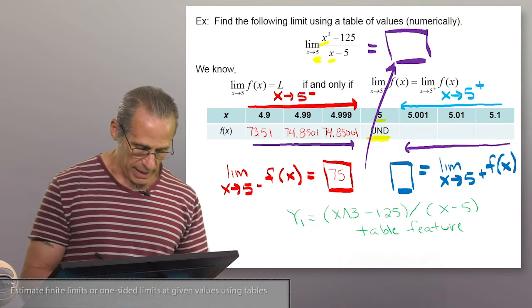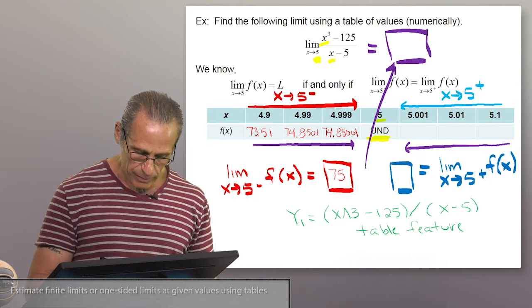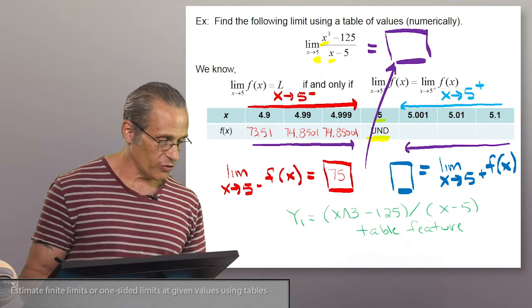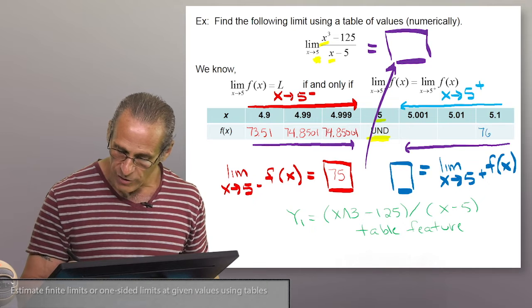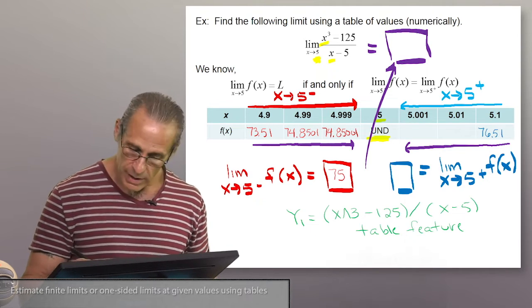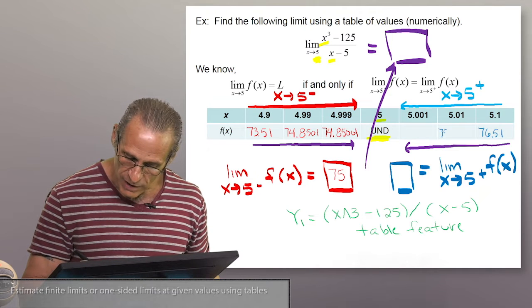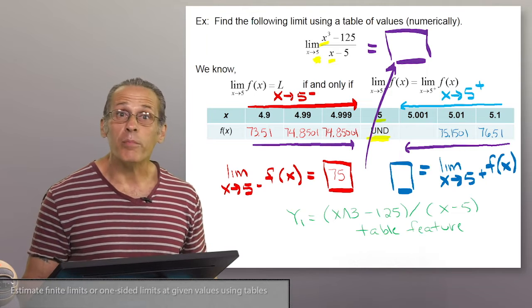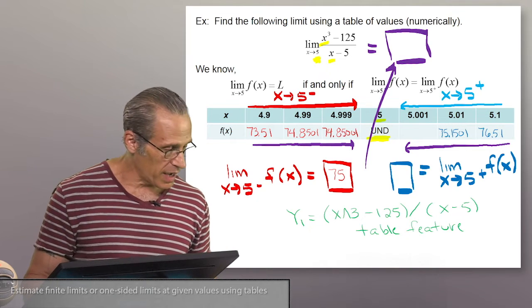For my right-hand limit, again, I'm going to put in values that are greater than 5. I'm going to put in 5.1, which is about as far away as this table allows me to be. I'll get closer to 5 by putting in 5.01. Well, that gives me 75.1501. And then 5.001, now I'm really close to 5.